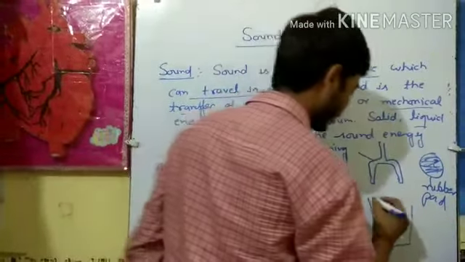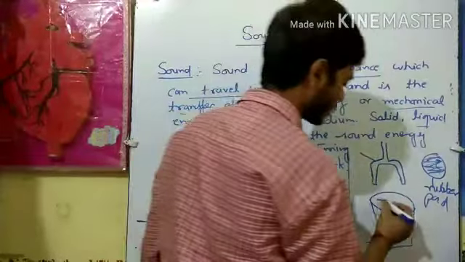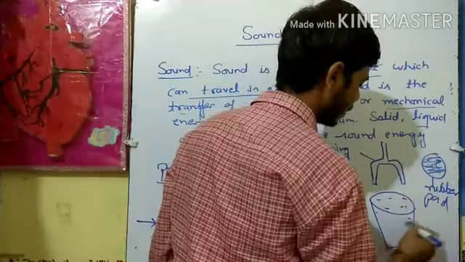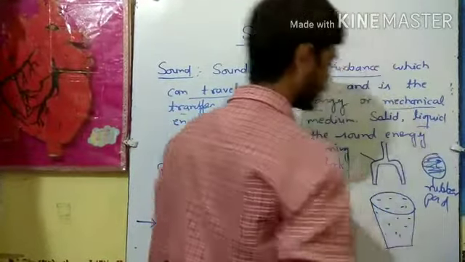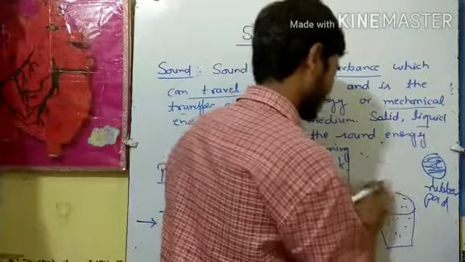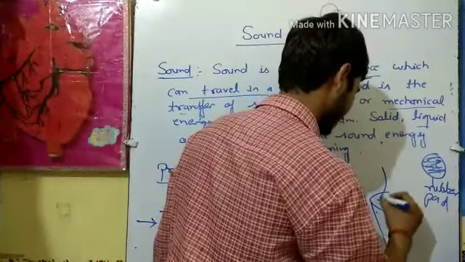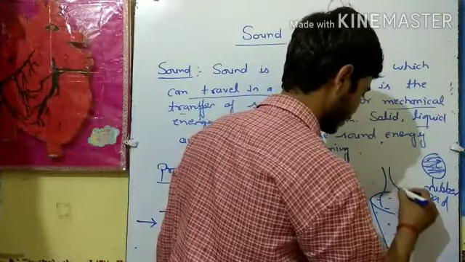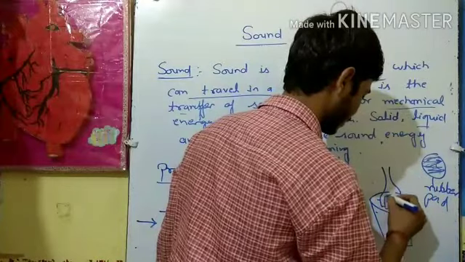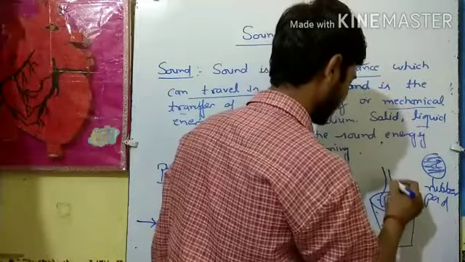and dip it into a glass that is filled with water, so we dip the tuning fork inside the water. This one is a tuning fork, I roughly made it.